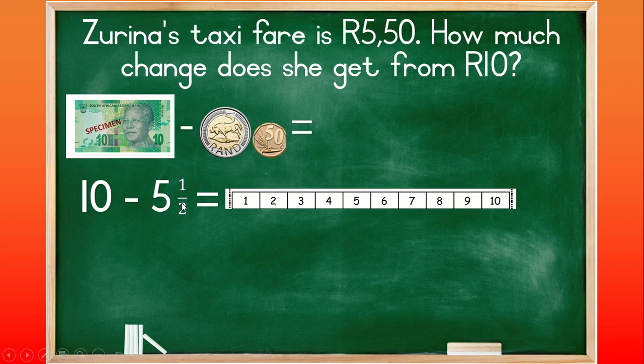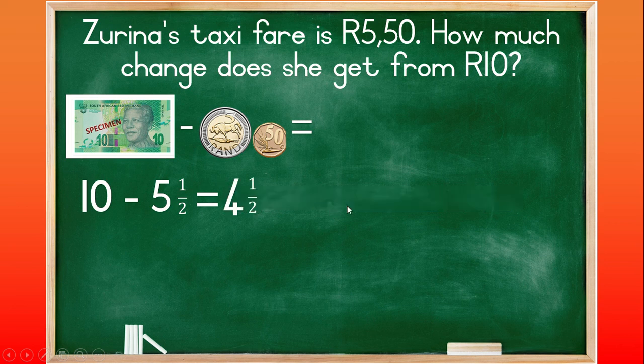Now let's look at our number chart. We take away 5 and a half. 1, 2, 3, 4, 5. Then we want to take away half of this block. So that leaves us with 4 and a half. So we put the 4 over here, but can we write 4 and a half when we work with money? No, a half of 1 Rand is 50 cents.